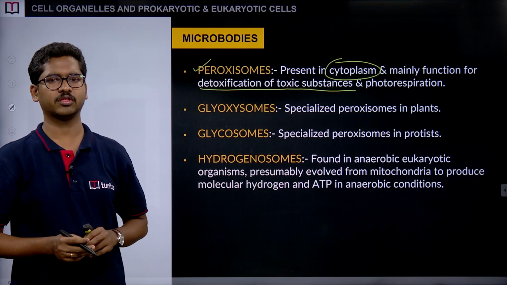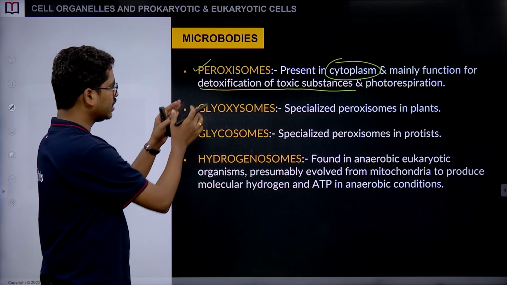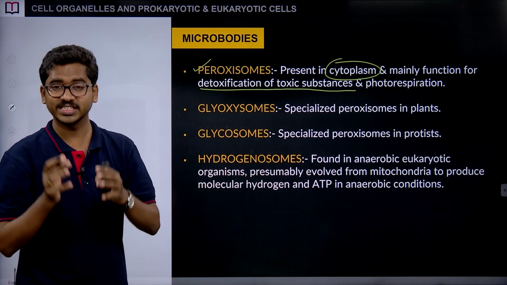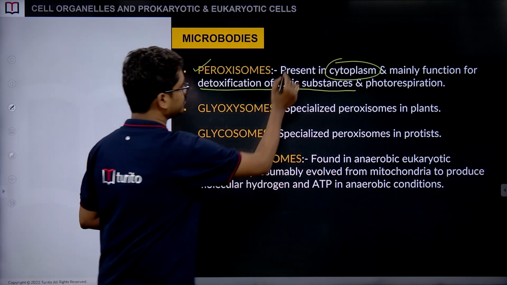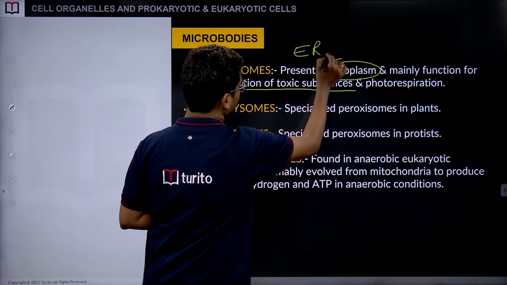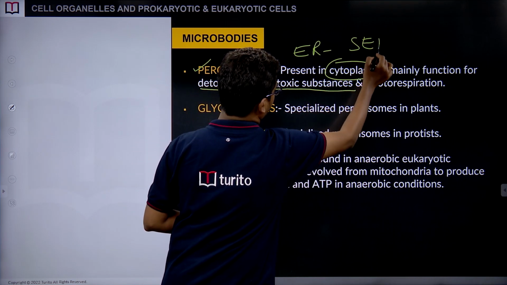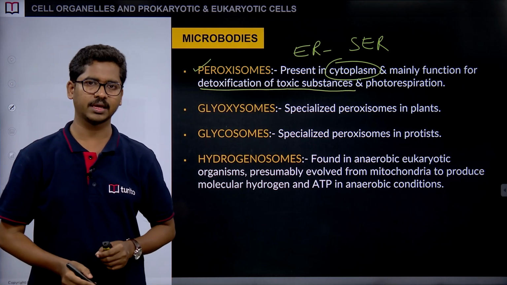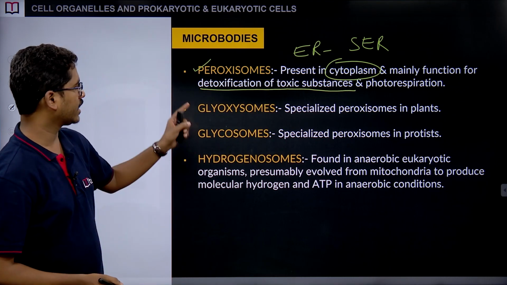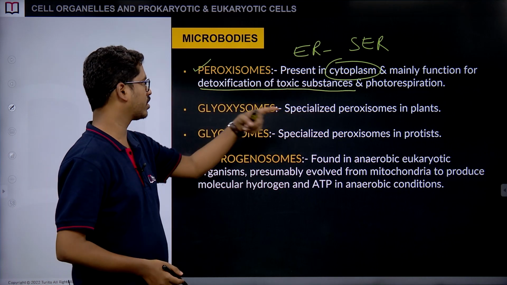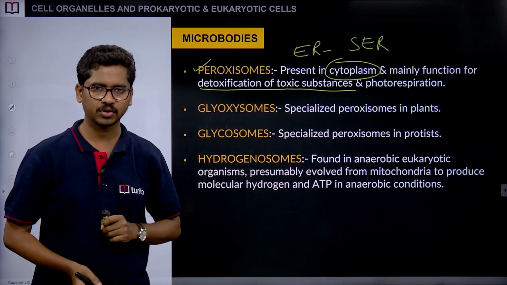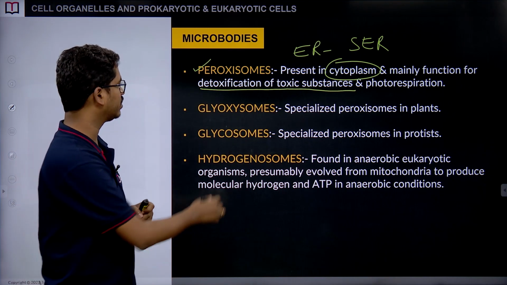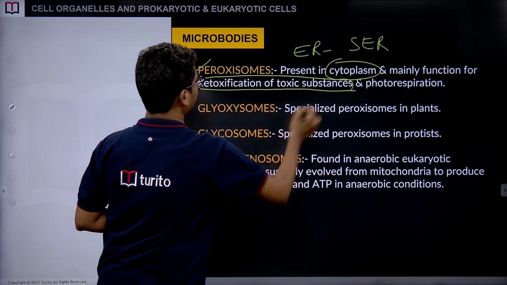As you have rightly spotted, some of the microbodies actually originated from ER, particularly SER. So, it is the smooth endoplasmic reticulum which was giving rise to some of these microbodies, and SER was also having this function, detoxification of substances.